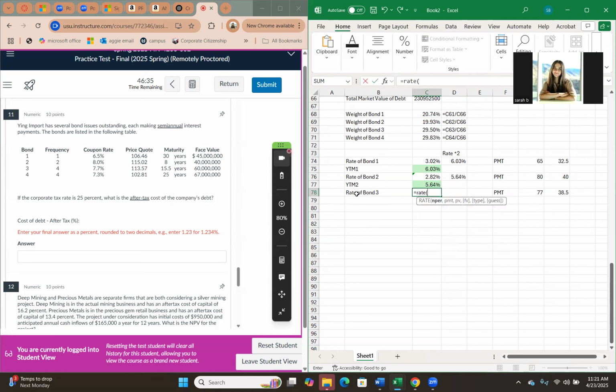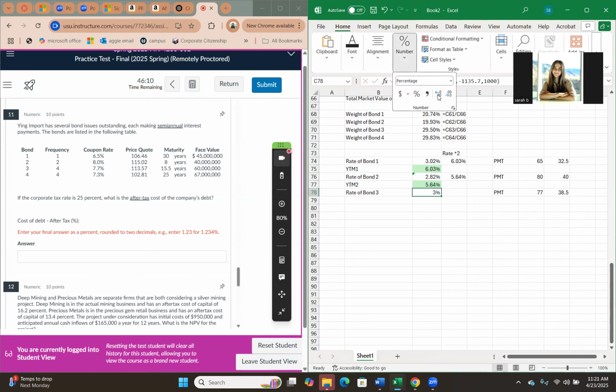So rate is... number of periods is going to be 15.5 times 2. Payment is going to be 38.5. Present value is going to be negative 1135.7. And the future value is going to be 1,000.